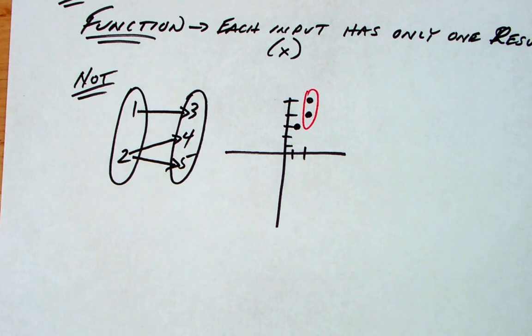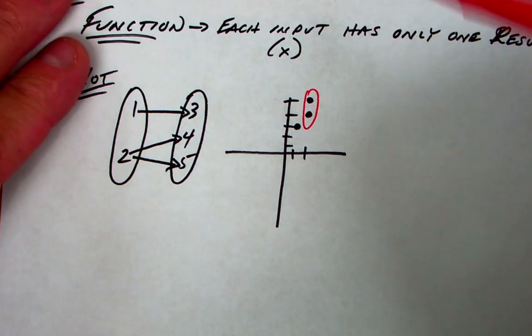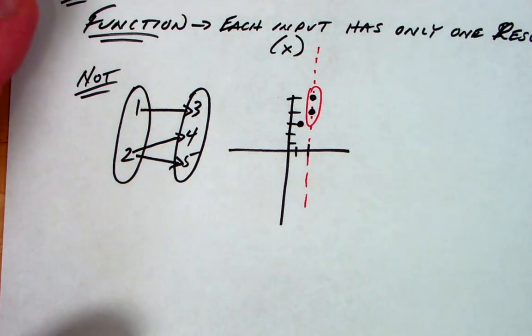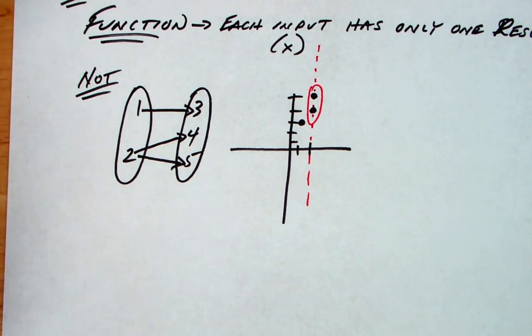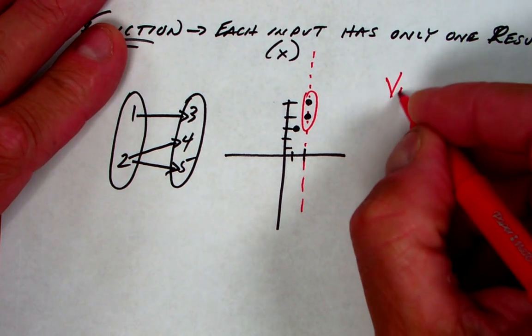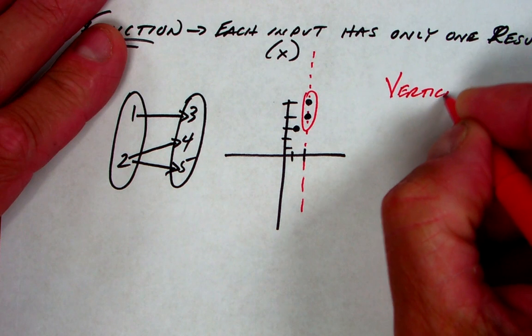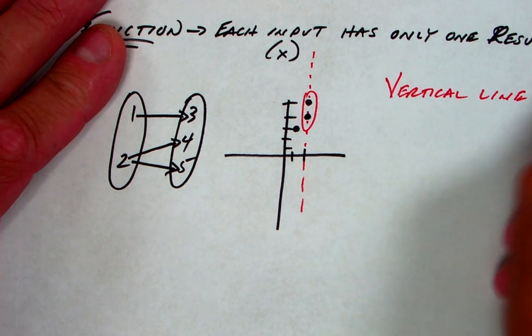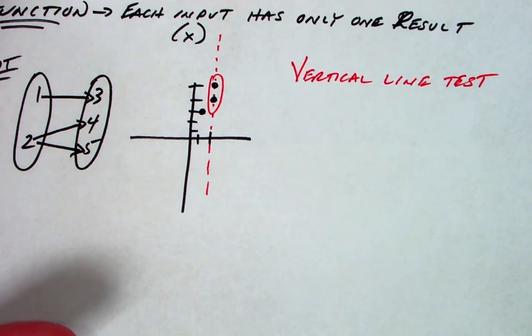So what's the word you would use to describe those in relationship to each other? Starts with a V. Vertical. They're vertical. They have a vertical orientation there. So that right there shows us it's not a function. So then we come up with this test. It's called the vertical line test. Vertical line test is really very basic.